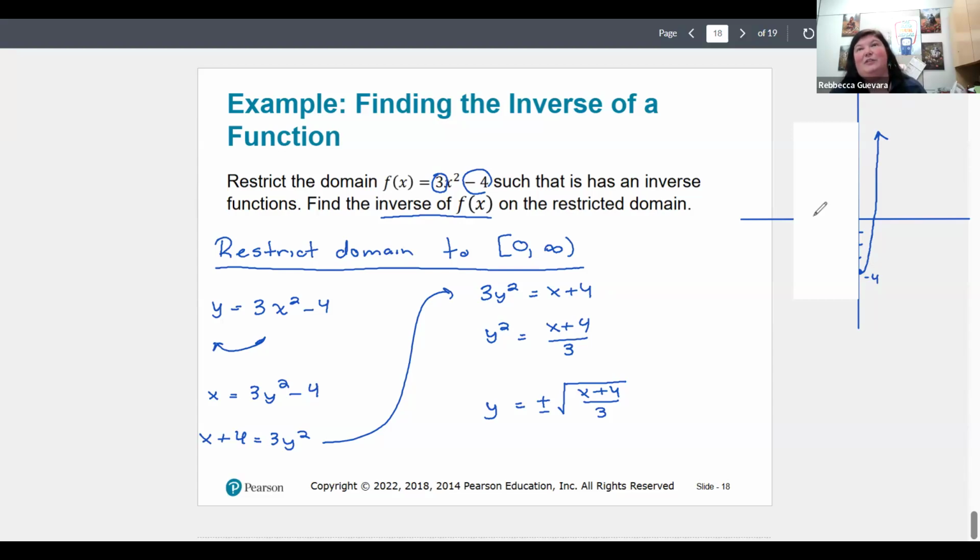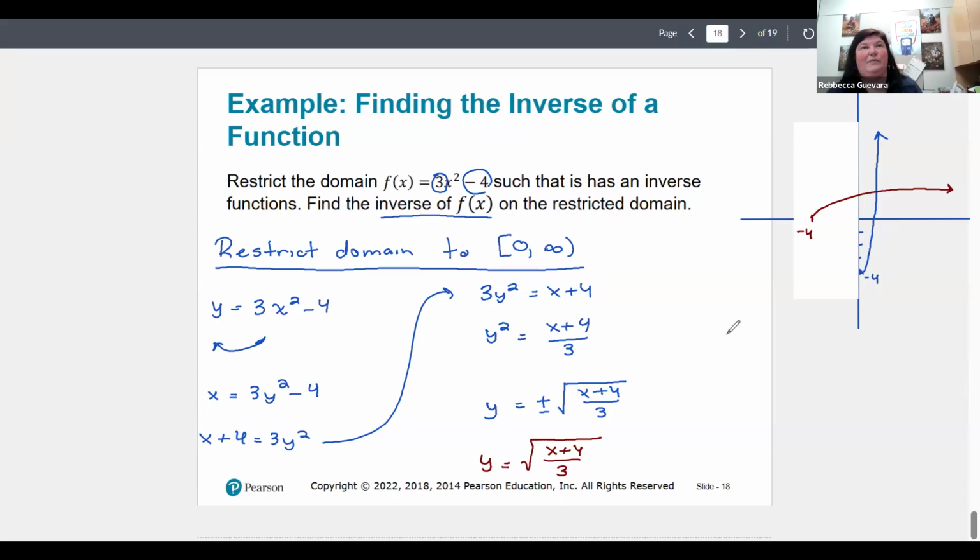Because once we do the inverse of this, from what we graphed, we should get this. So we should only have the positive y values. So we're looking at the positive root of (x plus 4) over 3.